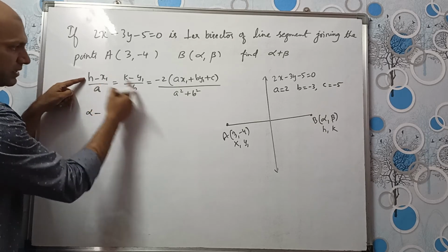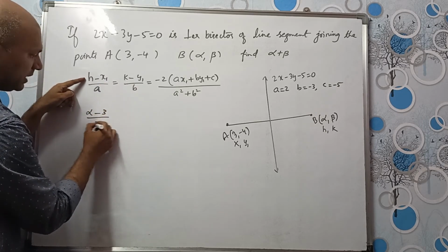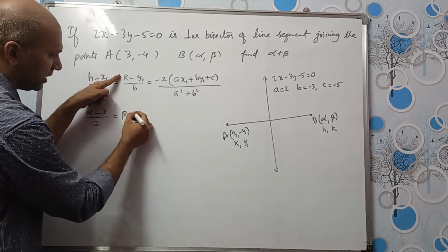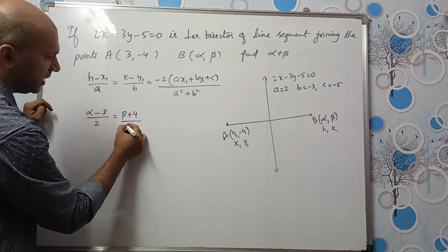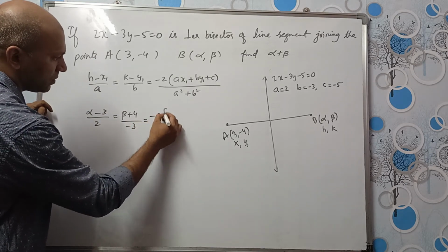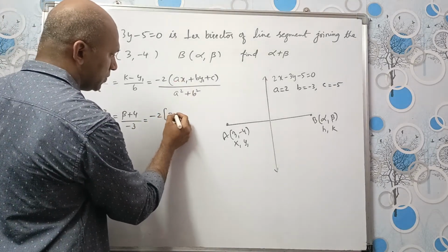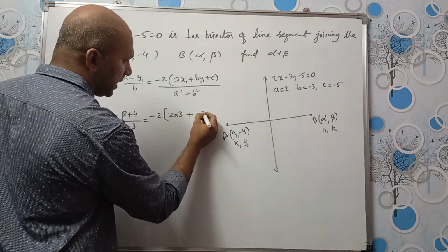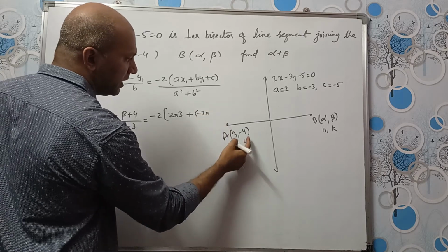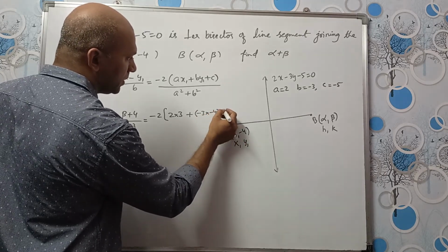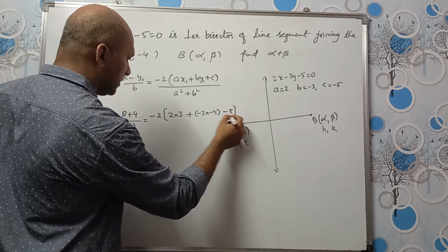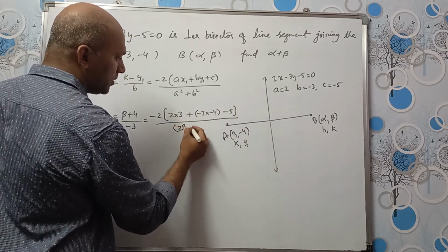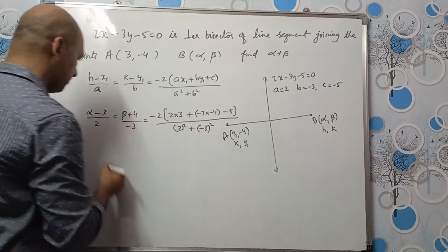So alpha minus 3 divided by a. k is how much? Beta. Beta minus of minus 4, plus 4, divided by b, minus 3, equal to minus 2 multiplied by (a x1, so 2 multiplied by x1 is 3, plus b, minus 3 multiplied by y1, minus 4, and c is minus 5), whole divided by a square plus b square, 2 square plus minus 3 square.